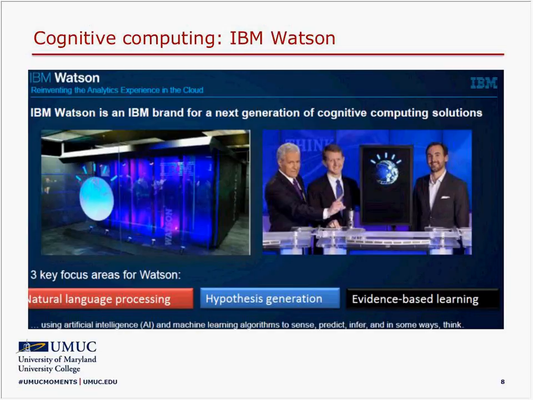Relying on the three key areas we were talking about: natural language processing, with all the complexity of understanding it, from hundreds of thousands of written documents or by speech; generating hypotheses given the posed question, and by evidence learning, calculating the confidence with which this hypothesis could be a close answer to the question posed.